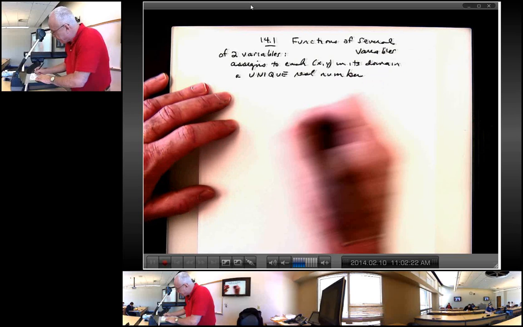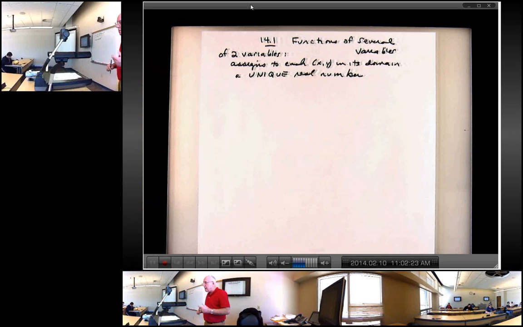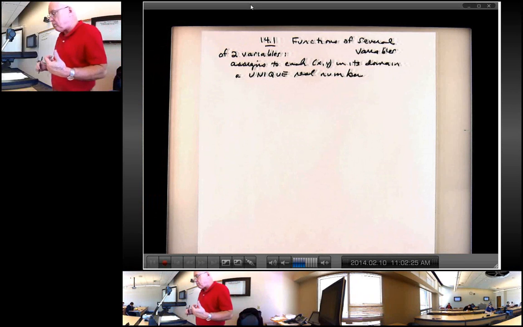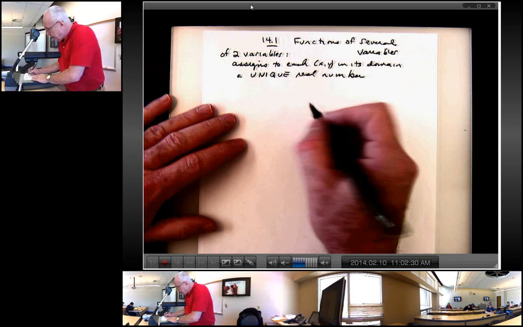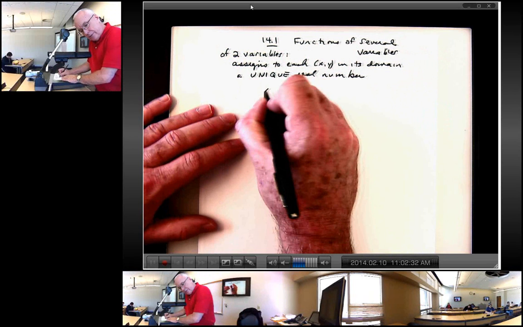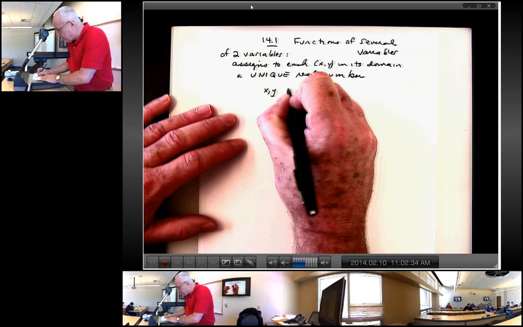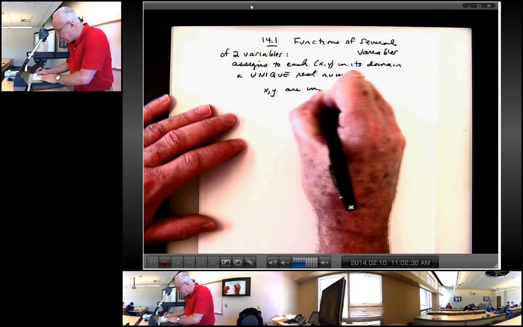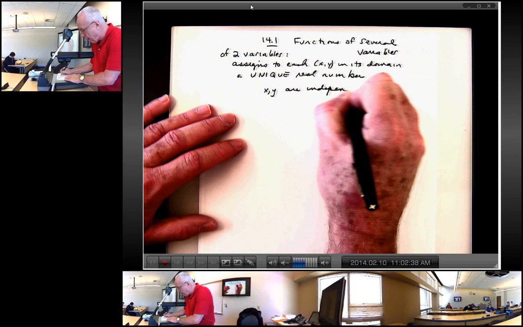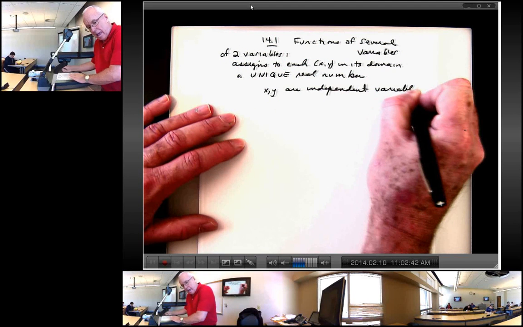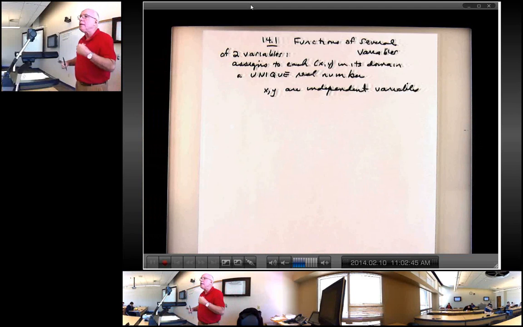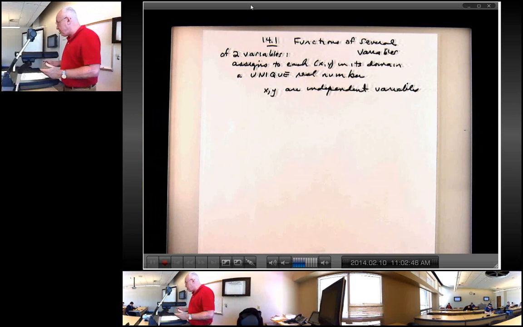And so this time we don't have just a single number in the domain, we have a pair of numbers. And so basically x and y here are the independent variables. And then usually we call the third variable the letter z.